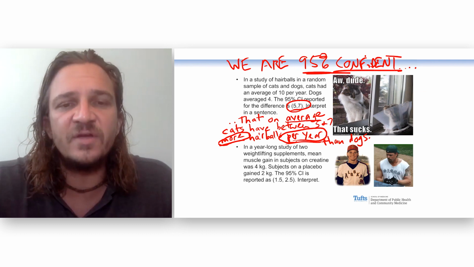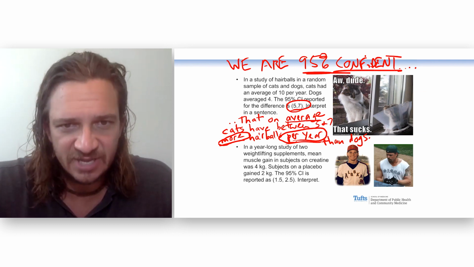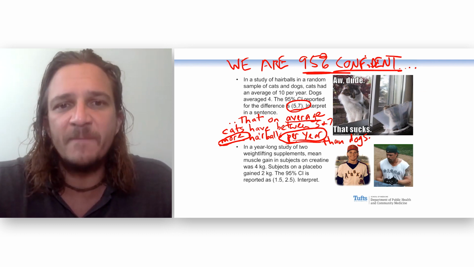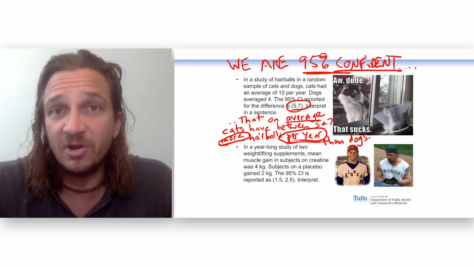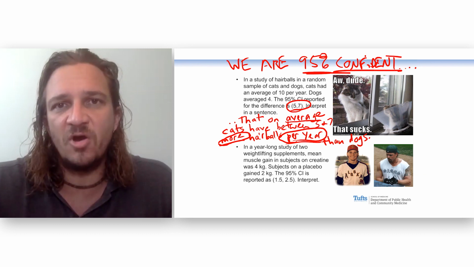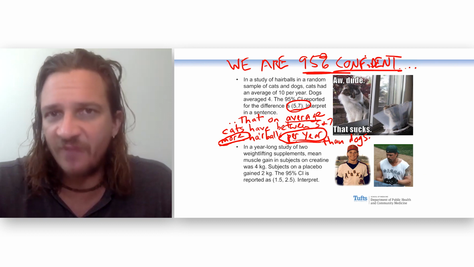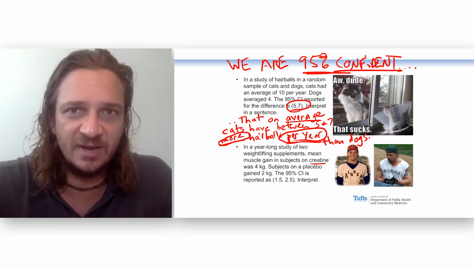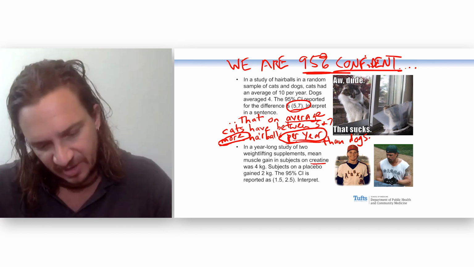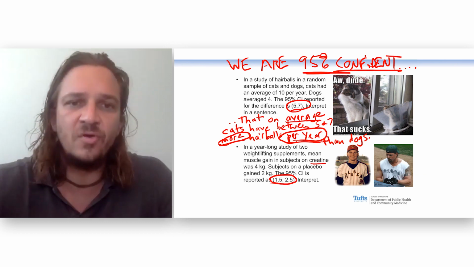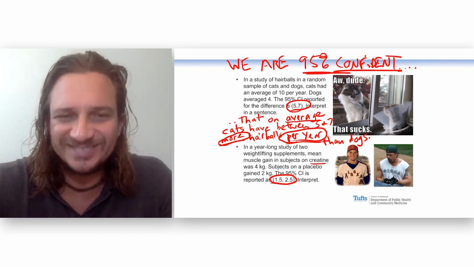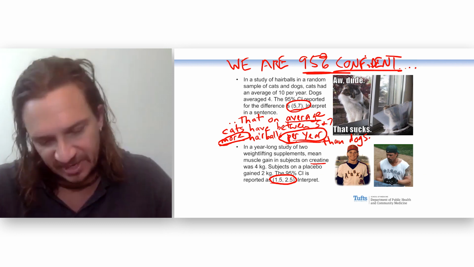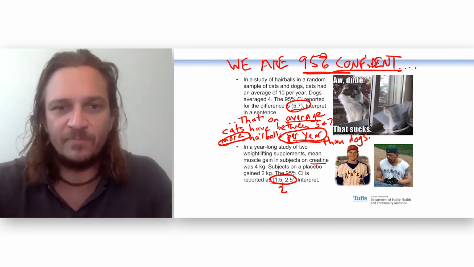Here's a study of 2 weightlifting supplements, and we're looking at the average muscle gain per year. So we can say we are 95% confident that on the average, people taking creatine gain, here's our confidence interval. Notice what's in the middle of that CI would be the number 2.